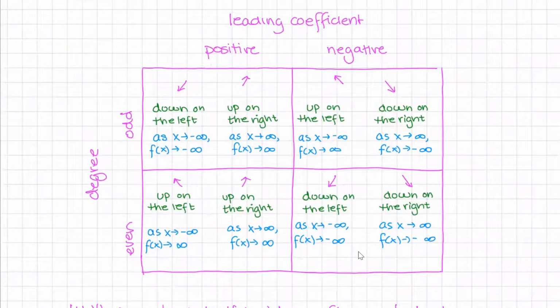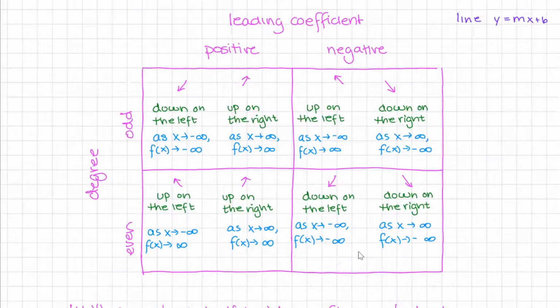It's actually really easy to remember these because there's two kinds of graphs that you guys know really well. You know lines and you know quadratics. And here's all you need to know about those. Think about a line. y equals mx plus b.